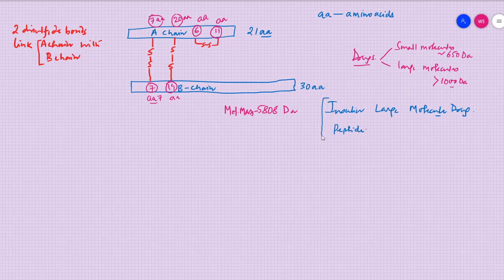And it is a peptide. If this information is taken together, then we can infer that the route of administration of insulin would be parenteral.